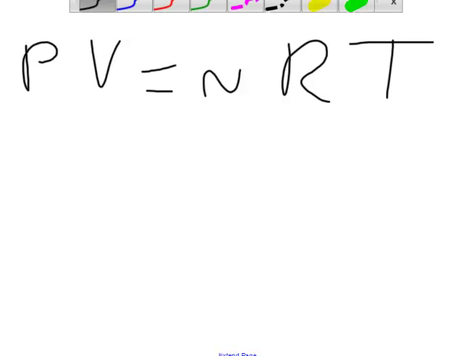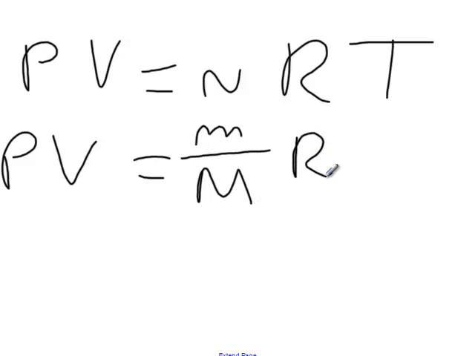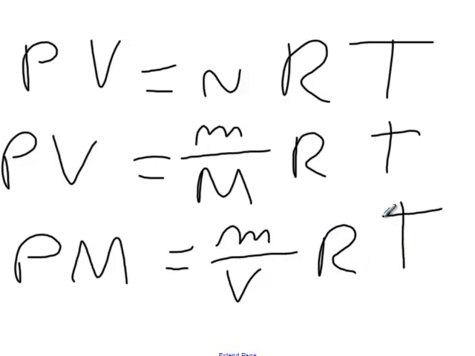So I can rewrite the gas law to accommodate that relationship, where small m is mass and capital M is molar mass. A little rearranging, multiply both sides by capital M, divide both sides by volume, gets me PM equals little m over volume times R times T.